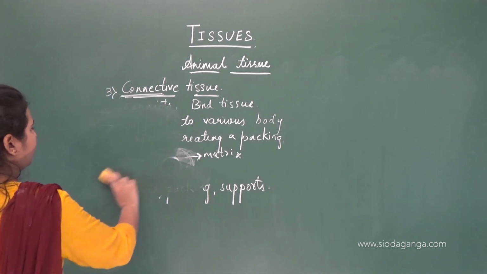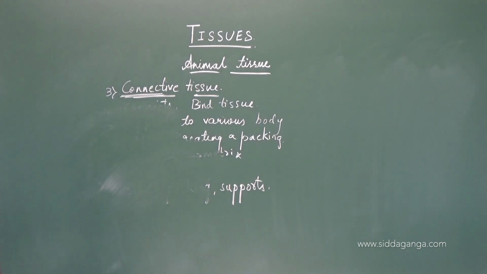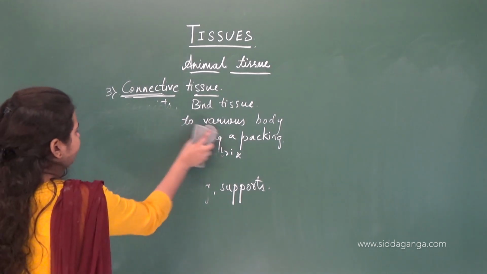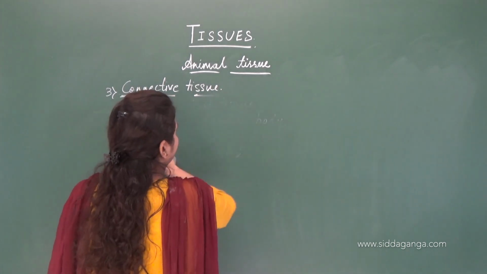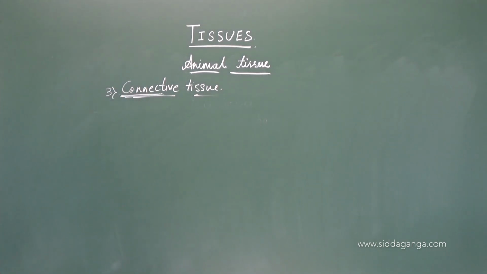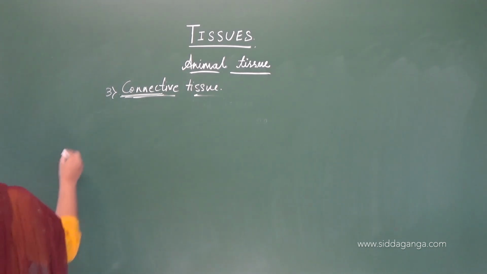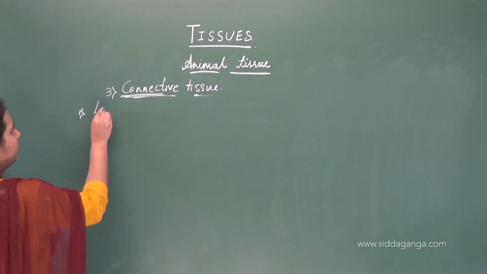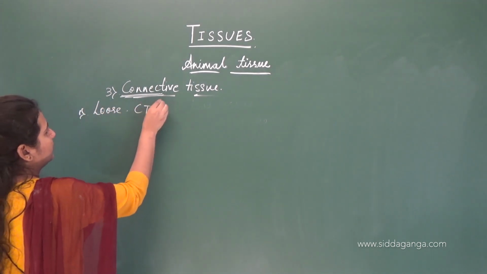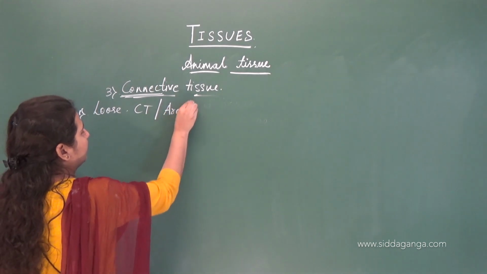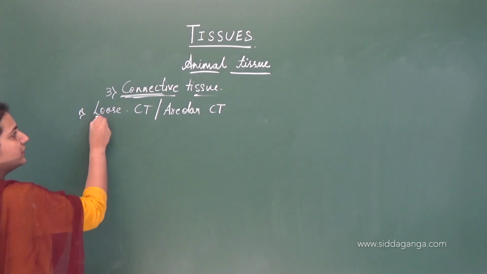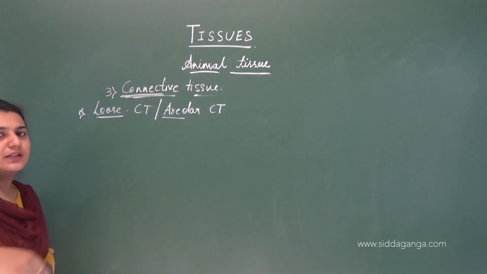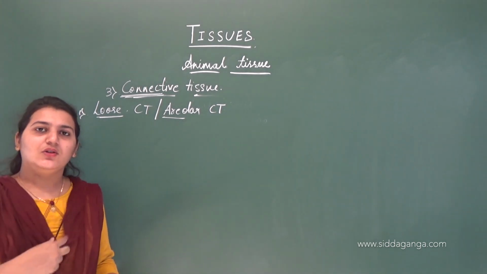Let us first study about the loose connective tissue or areolar tissue. First one, loose connective tissue or areolar connective tissue. As the name says, it is loosely arranged. The matrix or the medium which surrounds the organ is loosely arranged.